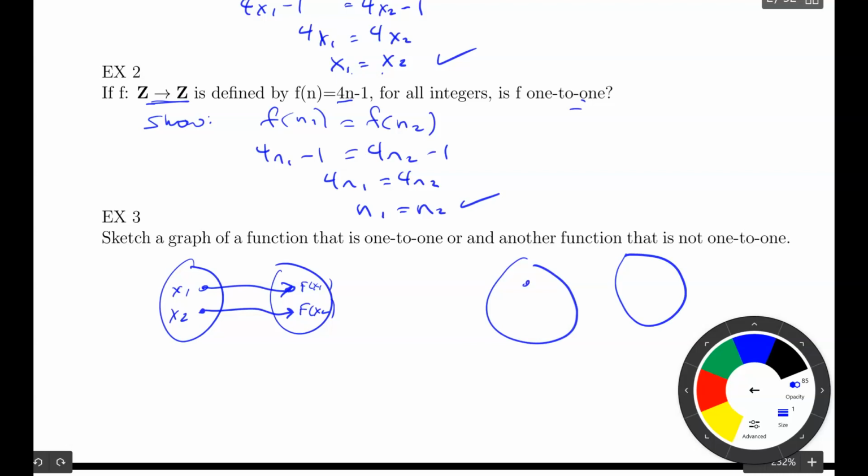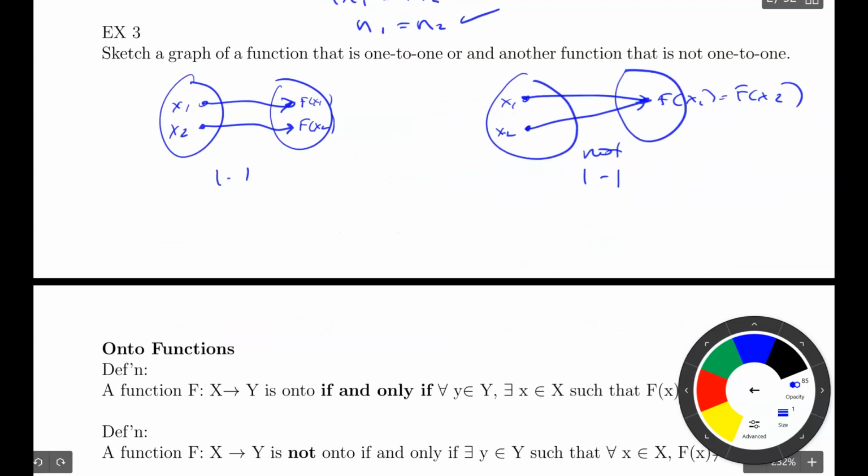A function that is not one-to-one would be this, where f of x1 equals f of x2, but x1 does not equal x2. Okay, so this is not one-to-one, and this is one-to-one. Pictures, I think, can be very helpful.